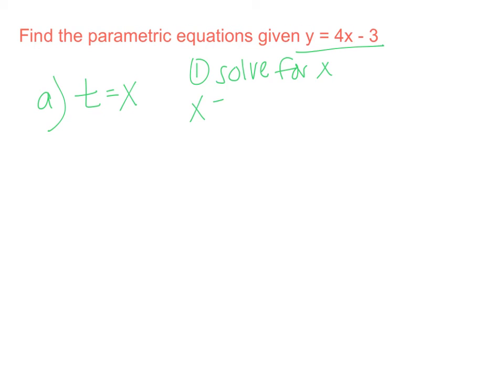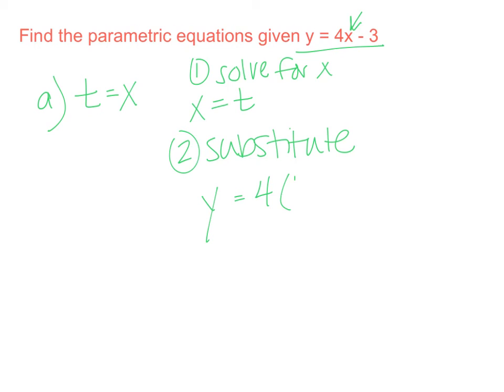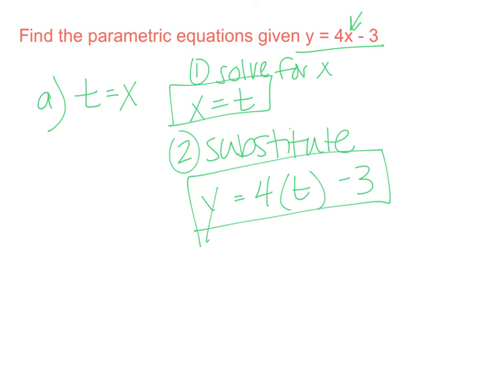Okay, so x equals t. And second, we're going to substitute. Where we have that x in here, we're going to substitute y equals 4 times t minus 3. So now we have two equations, x equals t and y equals 4t minus 3.